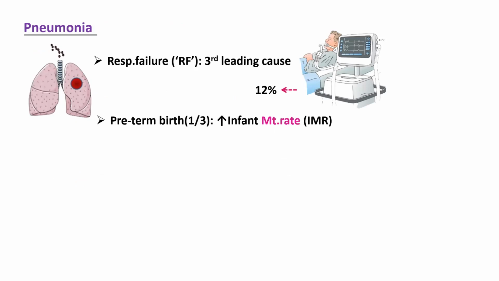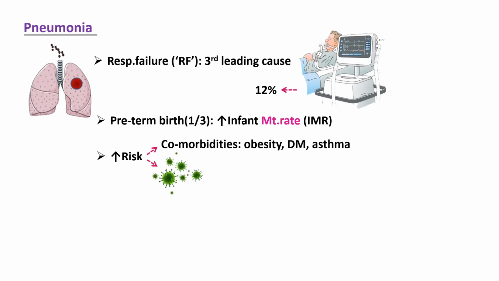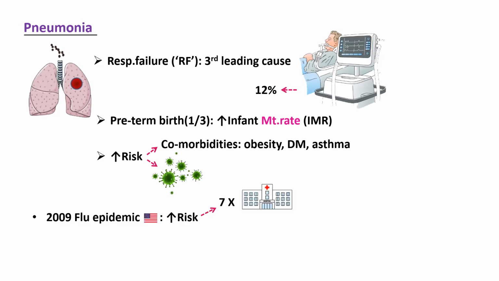on a ventilator. And preterm birth can happen in 1/3 of these patients who have pneumonia, which leads to an increase in the infant mortality rate. And there are certain obstetric patients who are at an increased risk of pneumonia, especially the ones with comorbidities like obesity, diabetes, or asthma, and this pregnant respiratory failure is possibly secondary to a high risk of them having viral pneumonias.